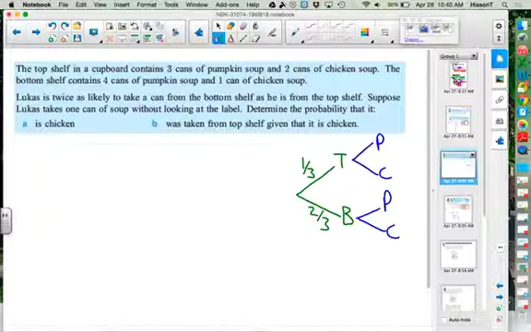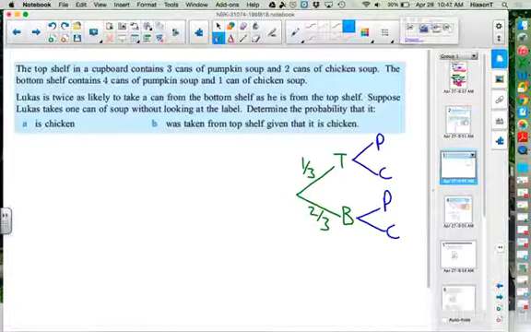All right, so there we have some of our probabilities filled in. Now let's look at the rest of our probabilities from that first paragraph again. It says the top shelf contains 3 cans of pumpkin soup and 2 cans of chicken soup. So what's the probability that if he picks one of those cans at random, he's going to pick pumpkin?